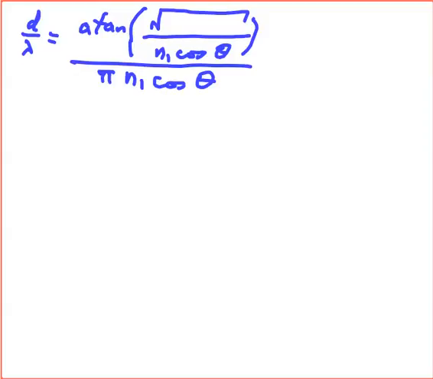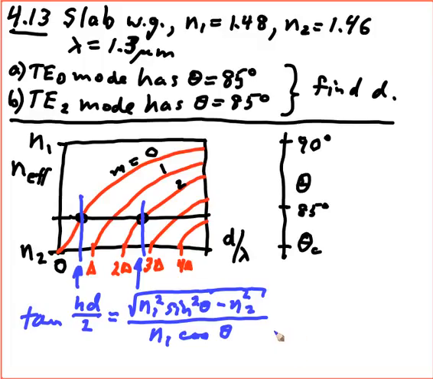And that uses the fact that h is defined as 2 pi n1 cosine theta all over lambda.